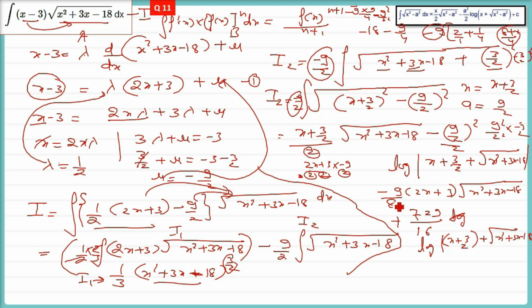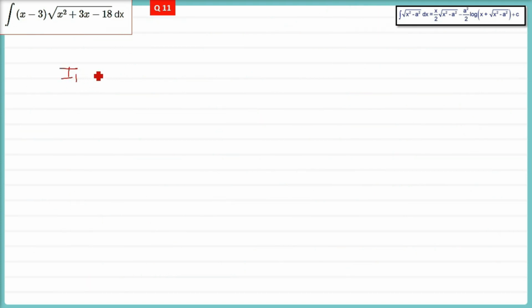It will not change. So this whole part, the first term in I2 and the second term in I2, has to be added with this I1. So let me write these two together after adding them. So I will be equal to I1 plus I2. I1 was x square plus 3x minus 18 raised to 3 by 2, and this will be 1 by 3. Now I am writing I2 here.